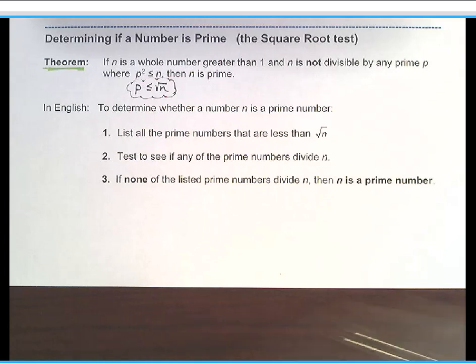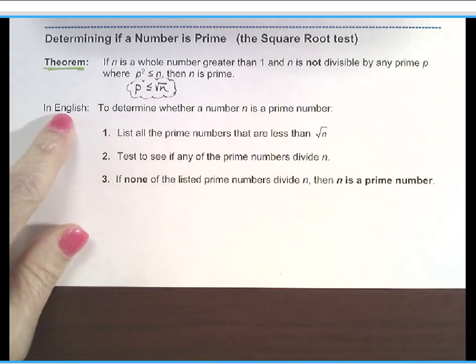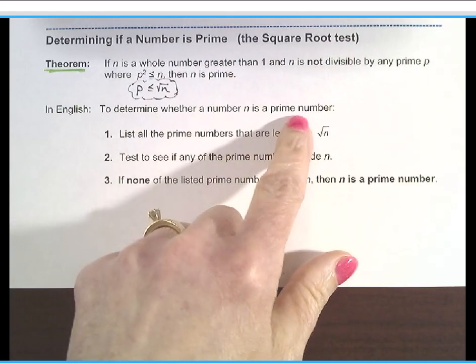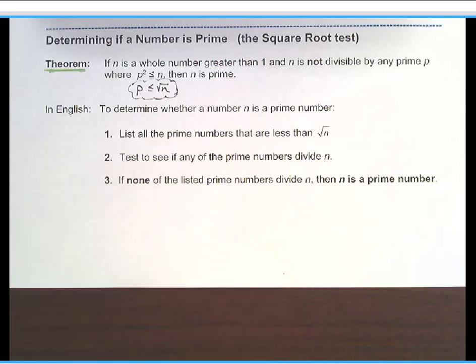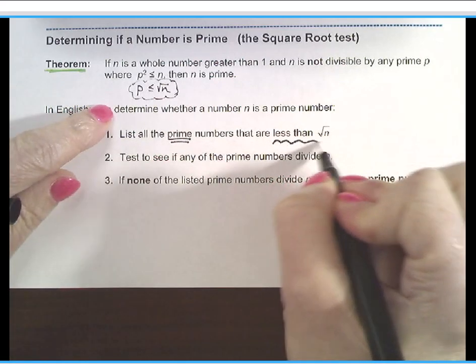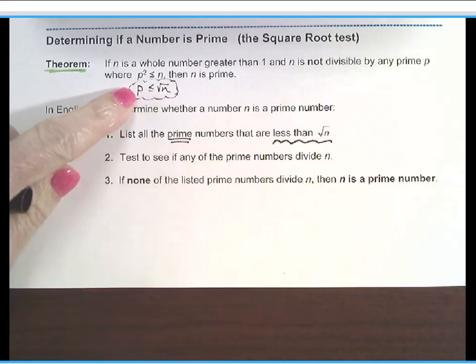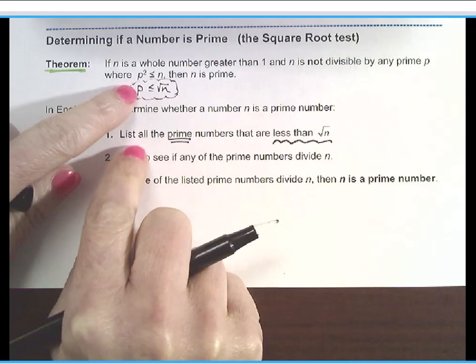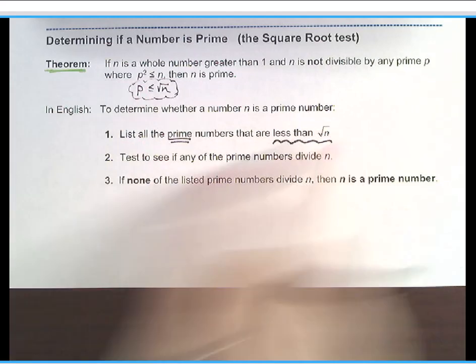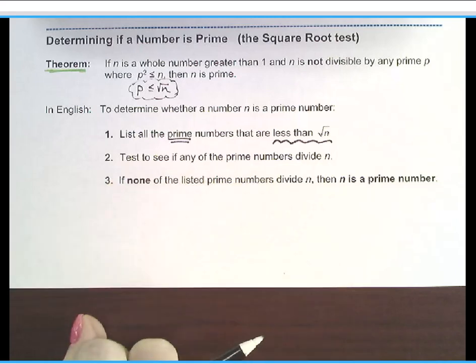So I tried to translate it from math to English for you here. To determine if a number n is prime, you're going to list all of the prime numbers less than or equal to the square root of n. That's where the square root is coming in. Test those primes, just those primes.